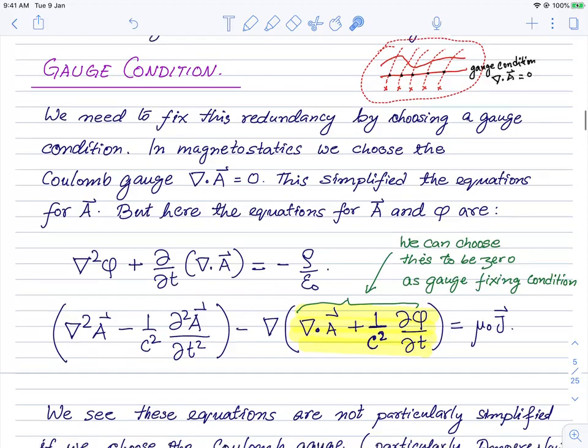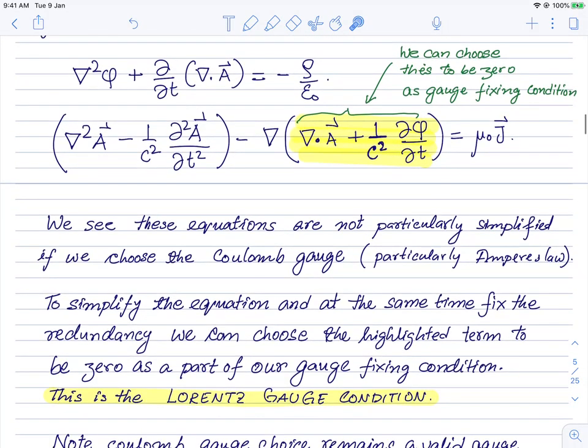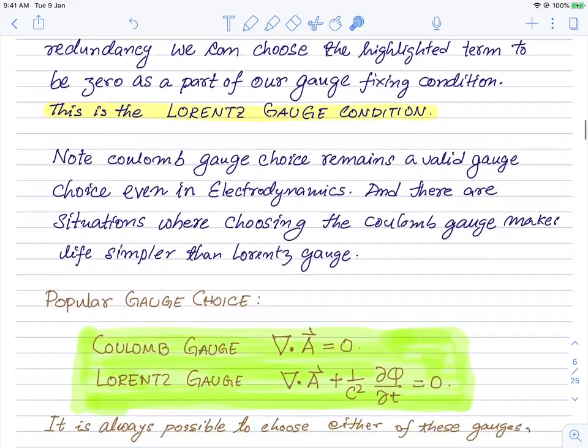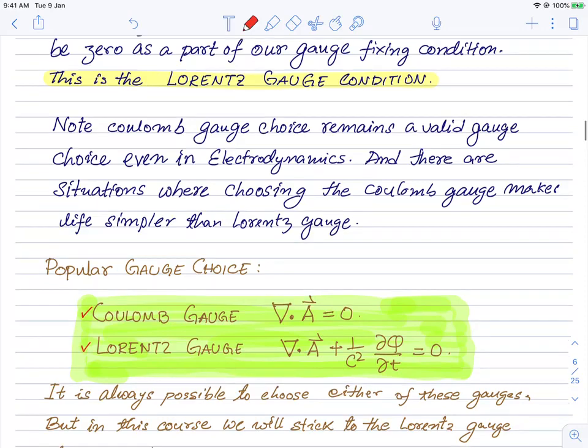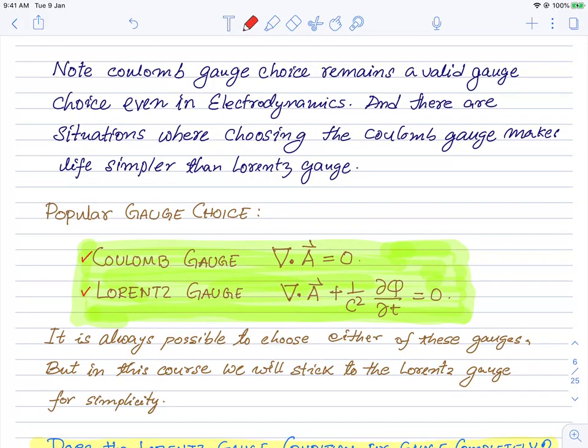Very good. So both are valid conditions in this dynamical scenario, but the Lorentz gauge condition, apart from simplifying the equations, also serves as a way to ensure that the equations are manifestly Lorentz invariant. By Lorentz invariant, I mean relativistically invariant.